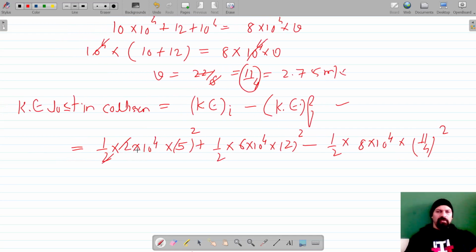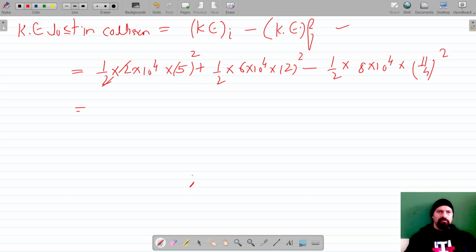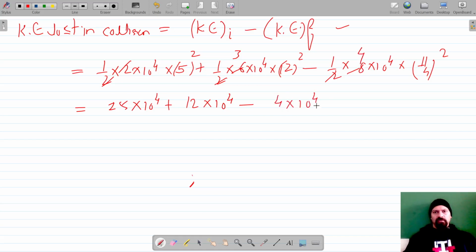Okay, let's try to simplify this. This is equal to 25 × 10^4. Then 2 into 3 is 6, 2 squared is 4, 4 into 3 is 12, so 12 × 10^4, minus 4 × 10^4 into 11 into 11 upon 4 into 4.